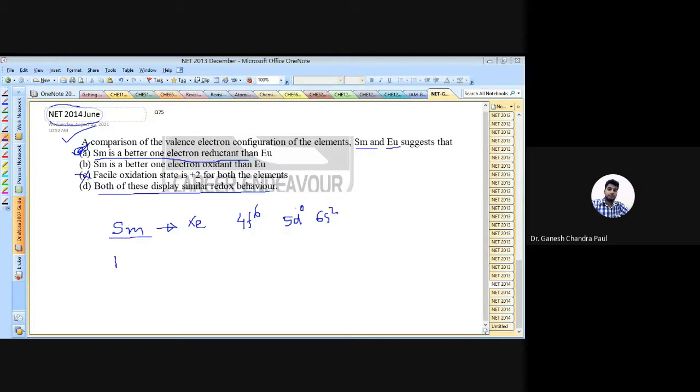In case of europium, it is xenon, then you have 4f7, 5d0, 6s2. This is the valence electronic configuration. Now, as I already mentioned, samarium can accept one electron and become half filled, right? So that's why it can act as a better oxidant.